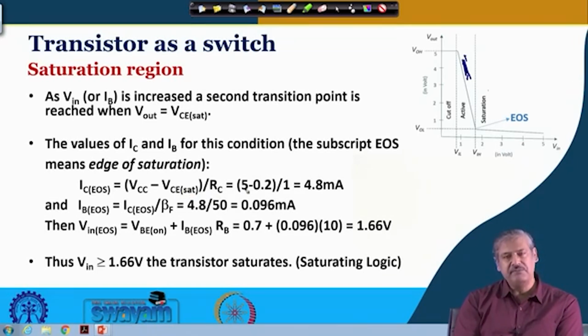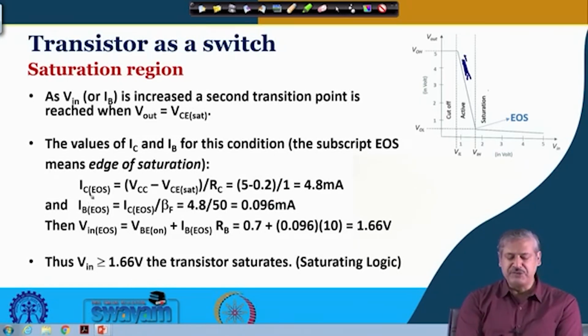So, that is 5 volt we have considered as VCC minus 0.2 volt divided by RC. RC is equal to 1 kilo ohm, that is 4.8 milliampere. If we increase the RC, this current will reduce, which will have a bearing later in some other cases. So, we cannot just change it the way we like. We have to look at other considerations in a situation like this.